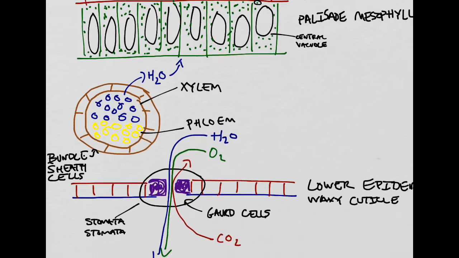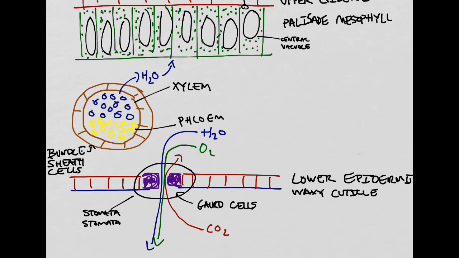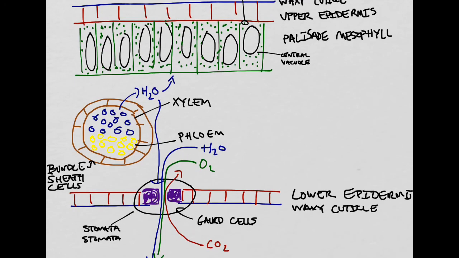And when the stoma is open, it's also going to move out through the stomates, just because it's high concentration within the leaf and lower concentration out of the leaf. And then sugar that is produced in the leaf is going to diffuse down into the phloem. So you can imagine that sugars produced in these cells are going to move from an area of high concentration to low concentration down into the phloem.